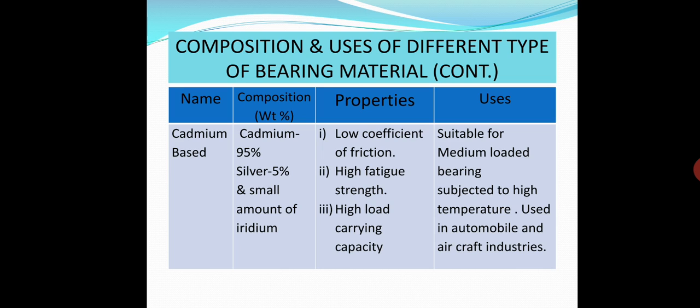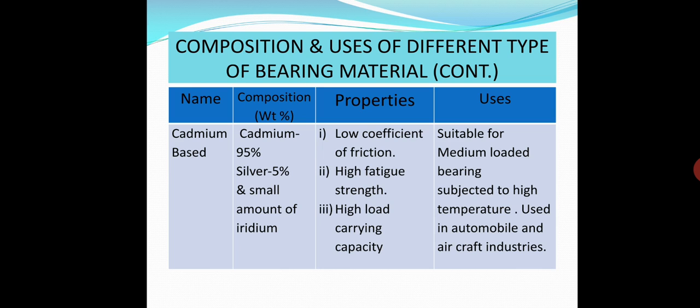Next is cadmium based alloy. It is very costly. Composition is cadmium 95%, silver 5%, and a very small amount of iridium. Properties: low coefficient of friction, high fatigue strength, high load carrying capacity.